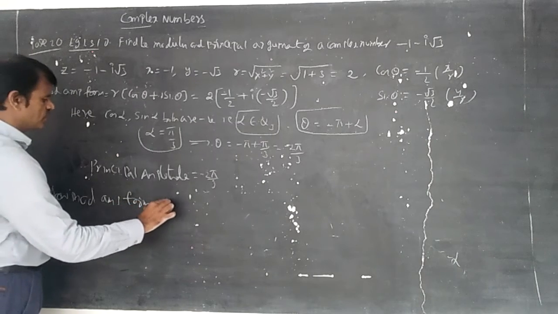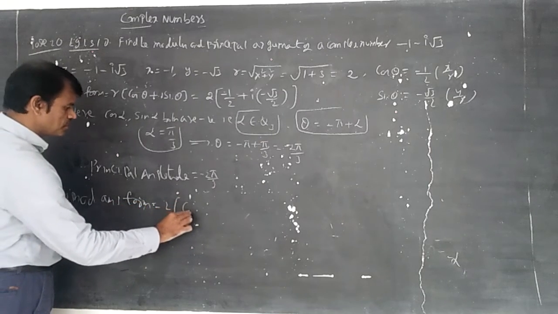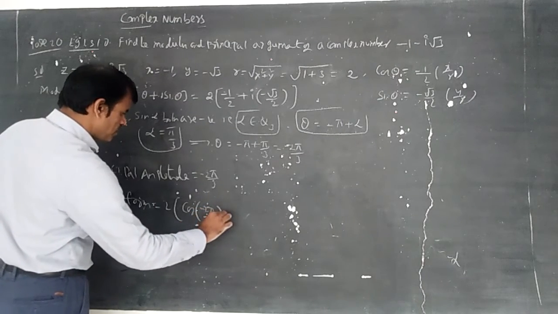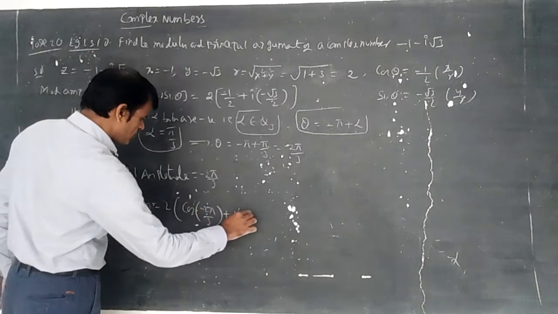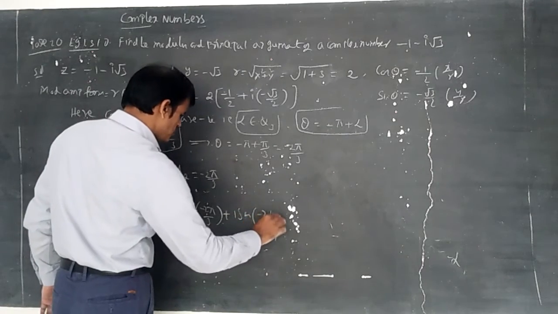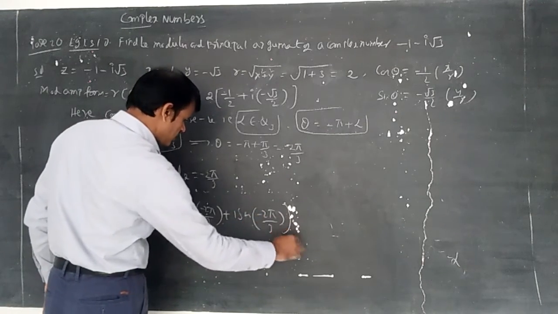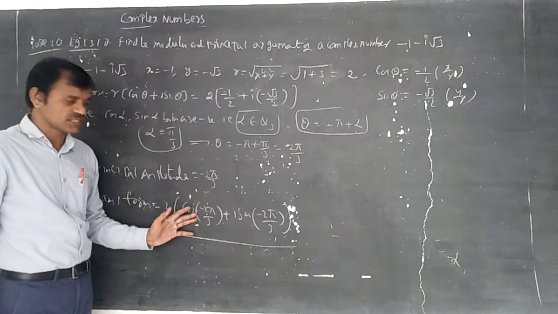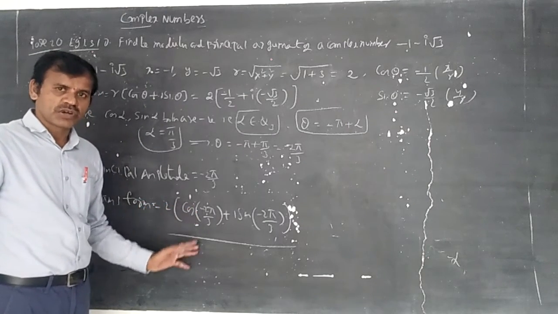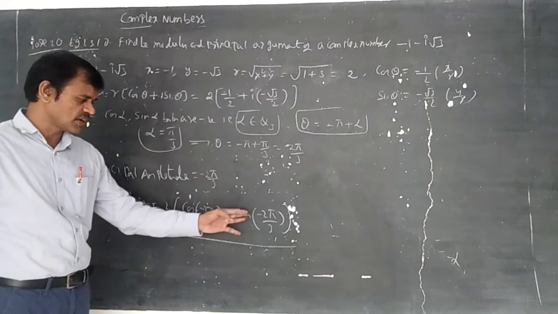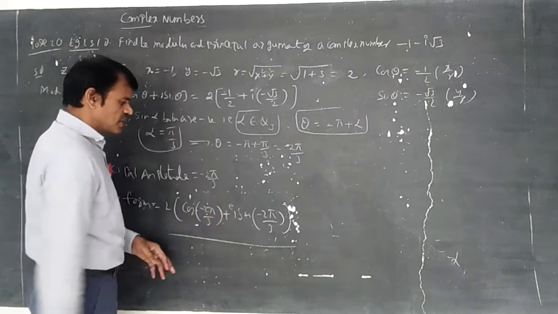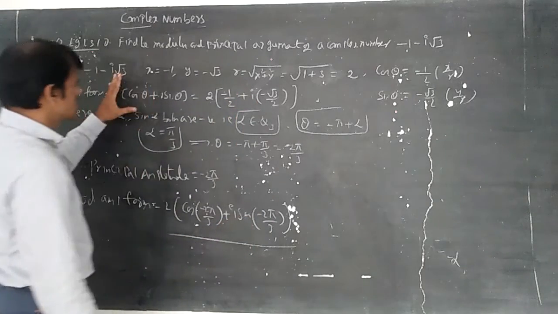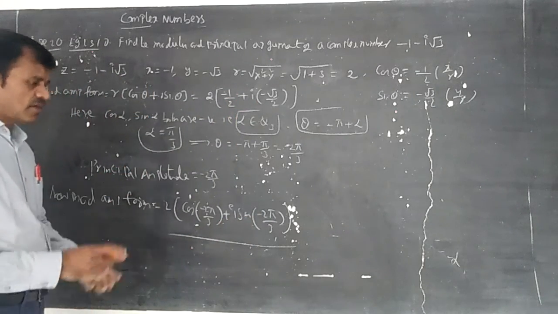Mod amp form is equal to 2 into cos of minus 2 pi by 3 plus i sin of minus 2 pi by 3. If we expand this also, cos of minus theta is cos theta, so cos 2 pi by 3 means cos 120, which is minus 1 by 2. Sin of minus theta is minus sin theta, so minus sin 120 becomes minus root 3 by 2. That's all. This is the clear-cut explanation of this one.